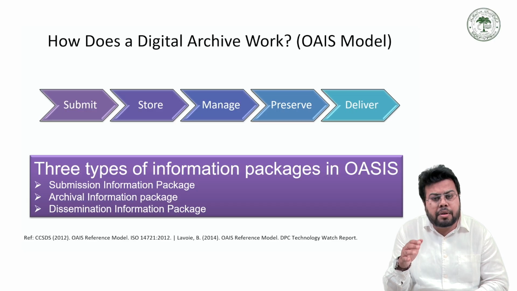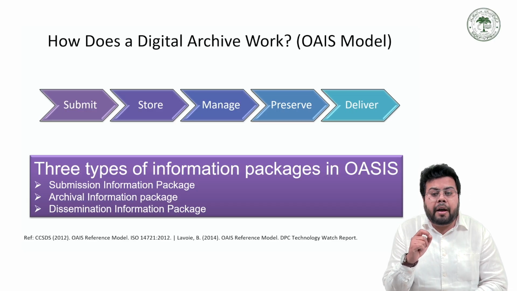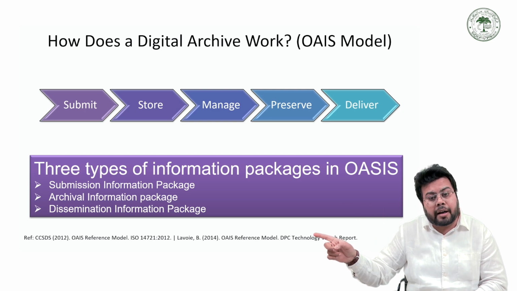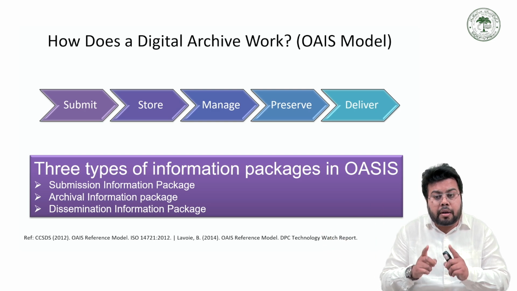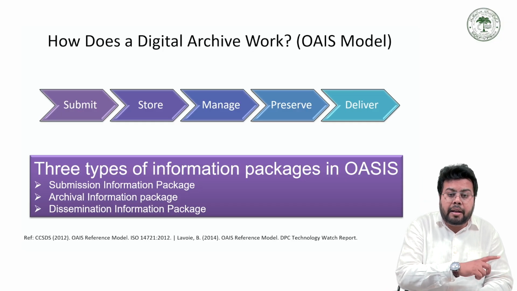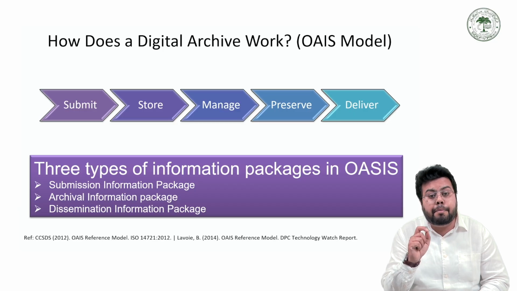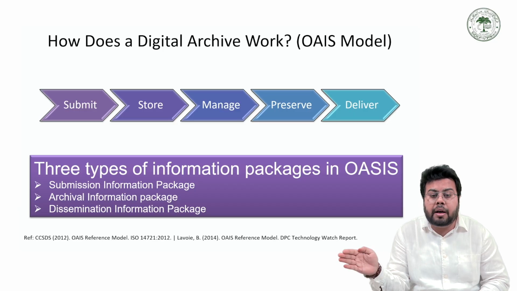But let's just break this down. The submission information package talks about the file or the document sent by the creator to the archive. All right. So the creator is sending the file or the document to the archive.